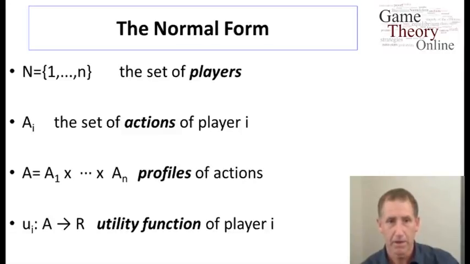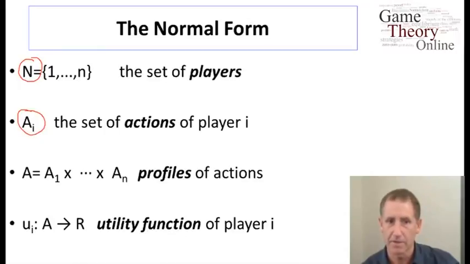So here are the elements of the normal form. First of all, we start with a set of players N, consisting of some number of players, which we denote 1 through little n. Each of the players has a set of actions available to it, which we denote by A sub i.